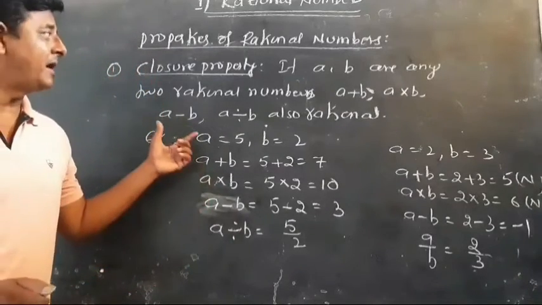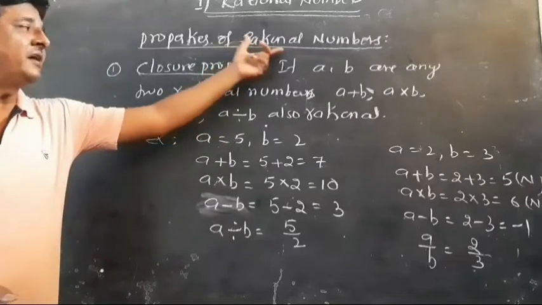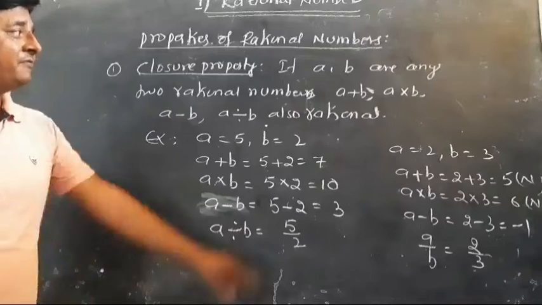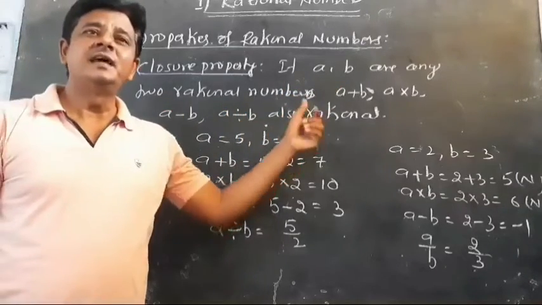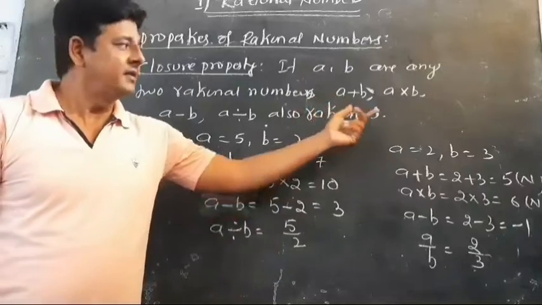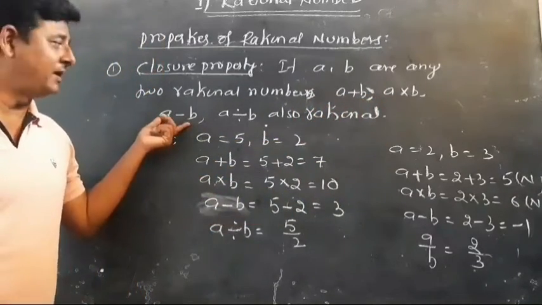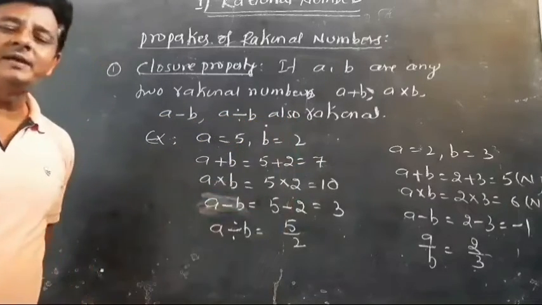It is the first property of rational numbers, closure property. If a, b are any two rational numbers, their sum a plus b, their product a into b, their difference a minus b, the quotient a divided by b is also a rational number.